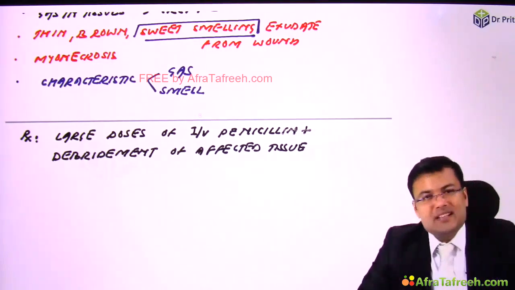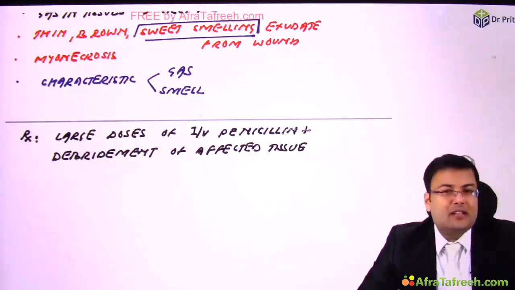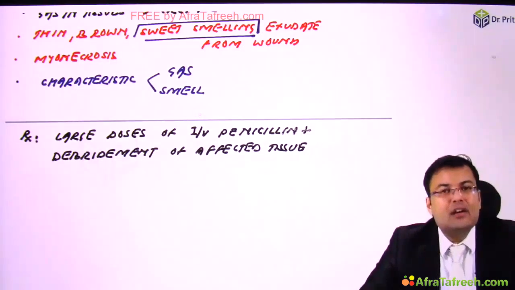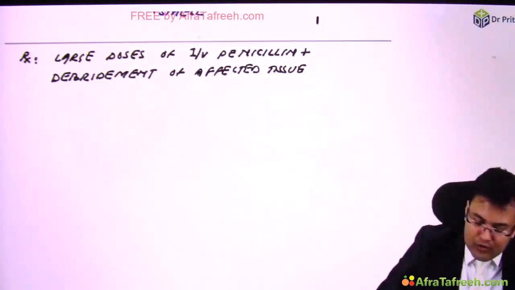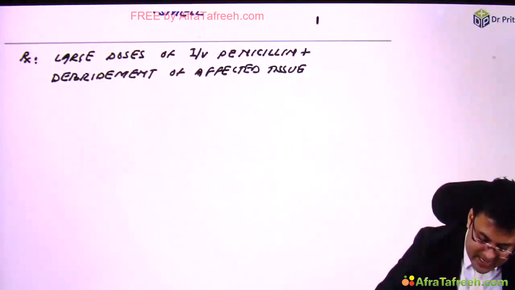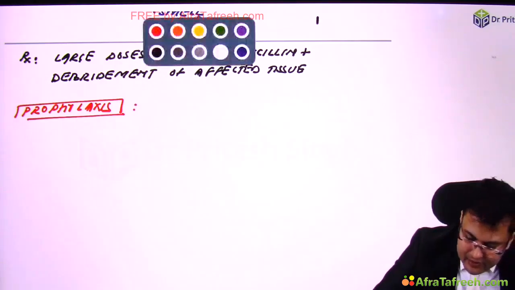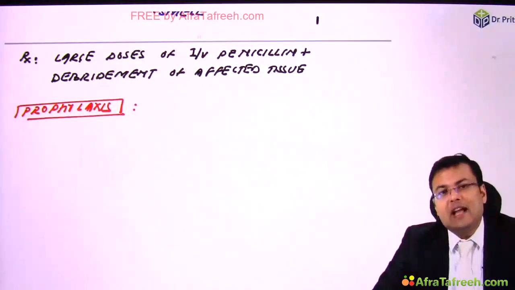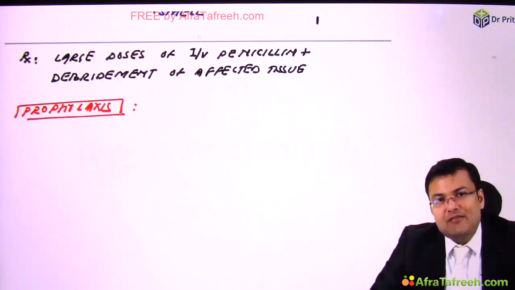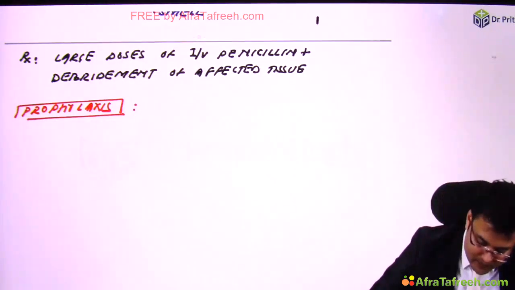Whenever we suspect that there is increased risk of gas gangrene, it's better to give prophylaxis to the patient. So how do we go for the prophylaxis of gas gangrene? First of all, we have to give antibiotic prophylaxis for at-risk patients.